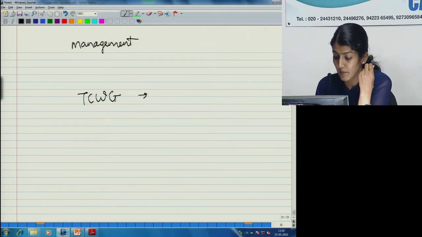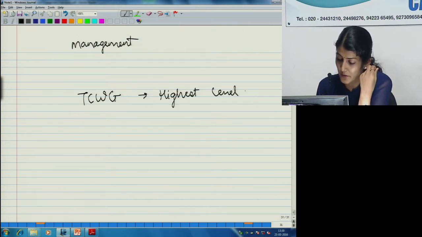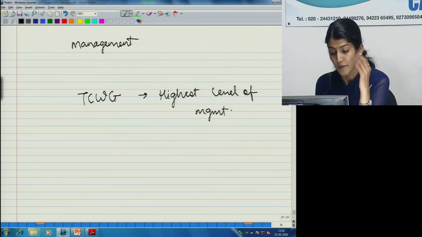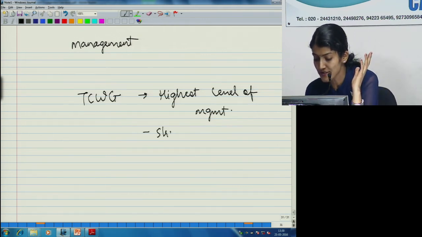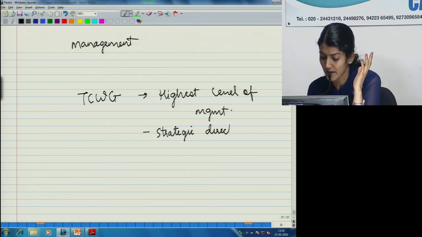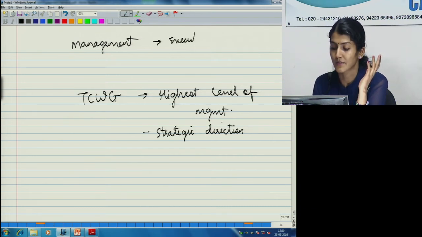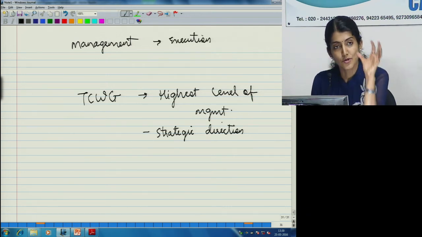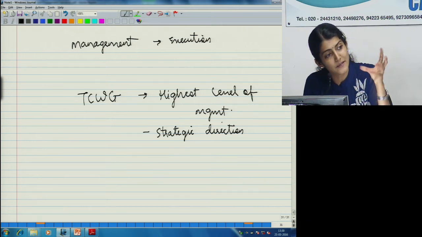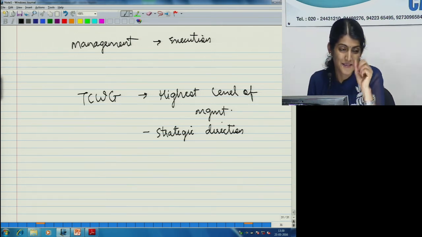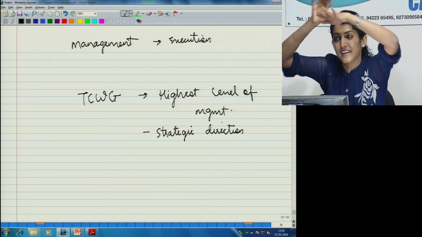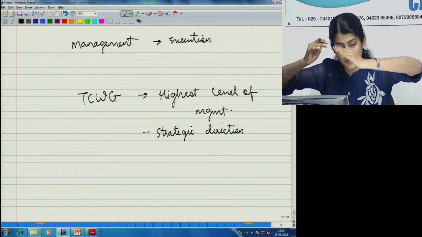TCWG. So TCWG could be defined as the highest level of management in an organization. Highest level of management. The main फर्क क्या है कि they do give the strategic direction to the entity. वो डिसाइड करते हैं कि ये करना है, वो करना है, ये प्रोडक्ट लॉन्च करना है, और ये मैनेजमेंट क्या करते हैं? एग्जीक्यूशन का काम करते हैं. अगर छोटा कंपनी है तो ऐसे कंपनी में मैनेजमेंट TCWG could be one and the same. पर जैसे जैसे कंपनी का हायरार्की बढ़ते जाता है वैसे TCWG, फिर उनके बाद मैनेजमेंट, फिर एम्प्लॉयज.